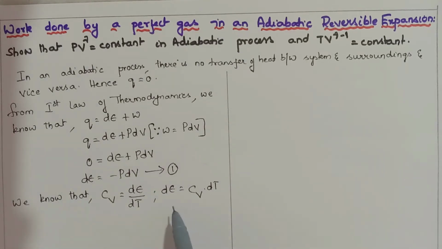Now, substituting the value of dE in equation 1. Equation 1, what do we have? dE is equal to minus PdV. But dE is equal to CV into dt. So, substitute CV into dt in the place of dE. I am writing here CV into dt is equal to minus PdV.